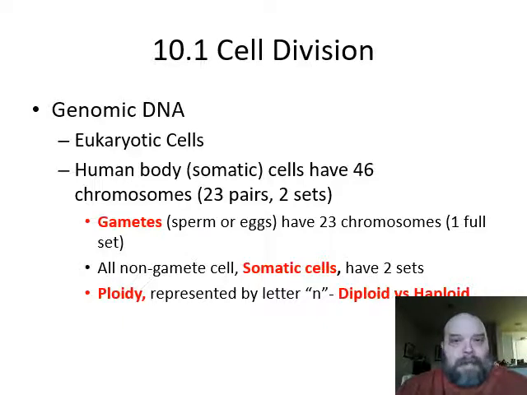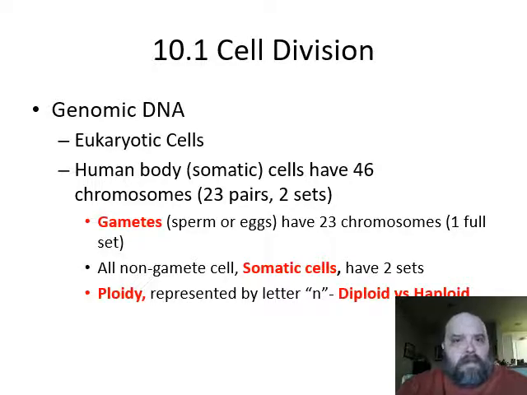All somatic cells, whether it's cardiac, skin, epithelium lining your mouth, the retinal cells, rods and cones in the back of your eyes, whatever, have 46 chromosomes, 23 pairs, which means 2 full sets, chromosomes 1 through 23. One set from mommy, one set from daddy.